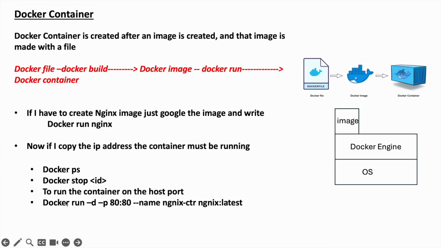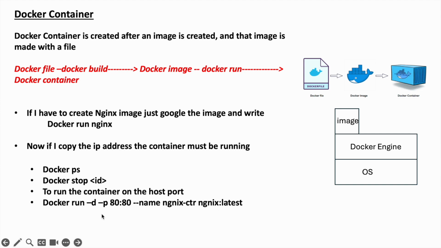I will simply write docker run -d. It runs in the background, as a daemon, -p port 8080. I will give a name to this container and say nginx latest.